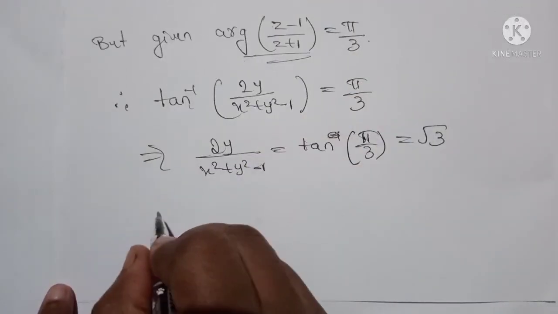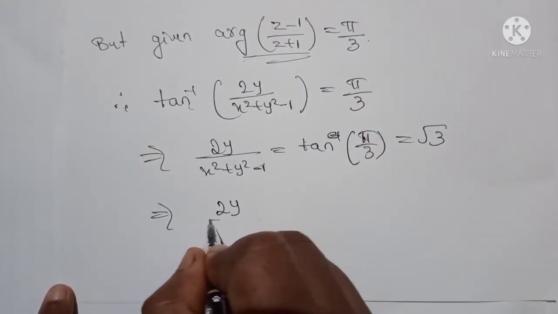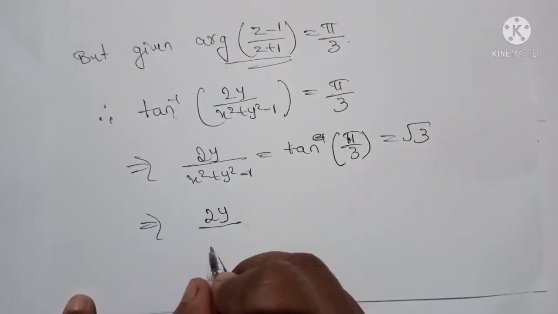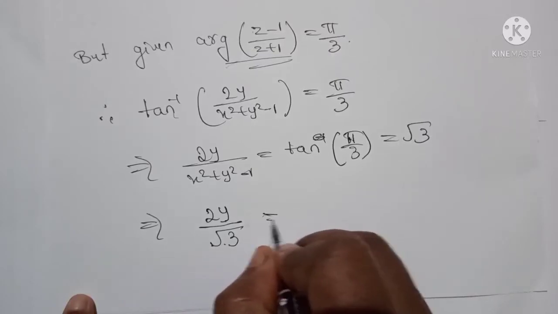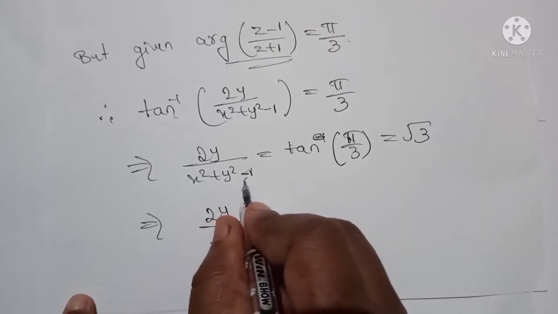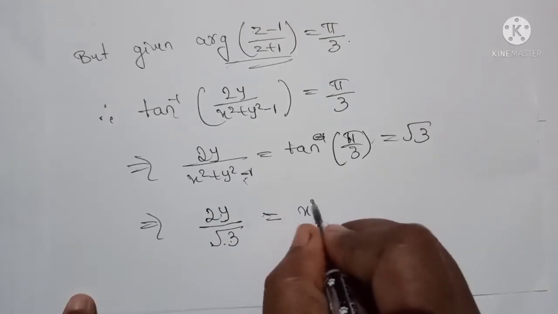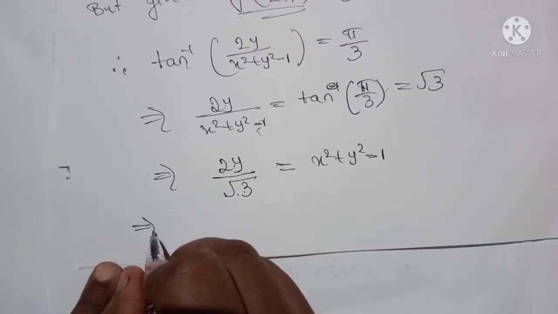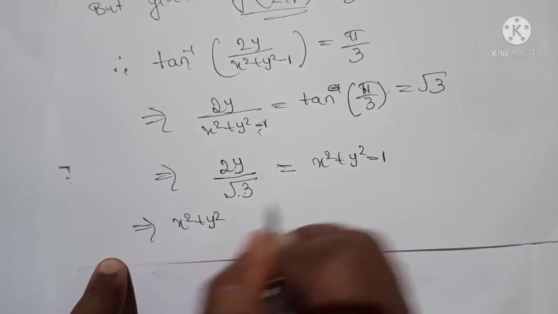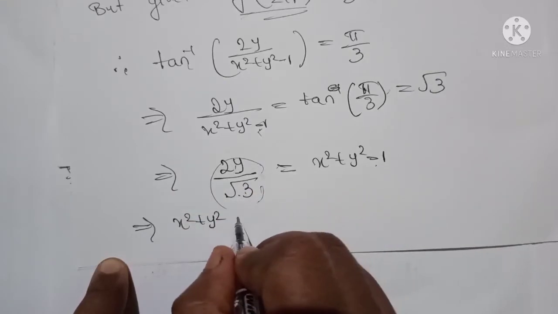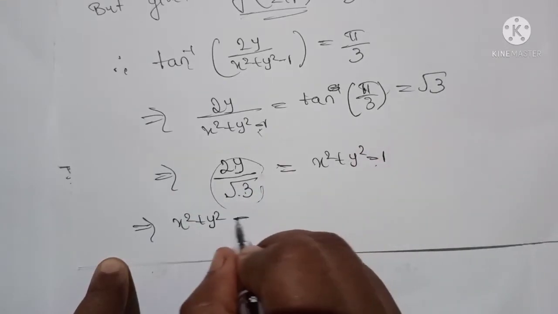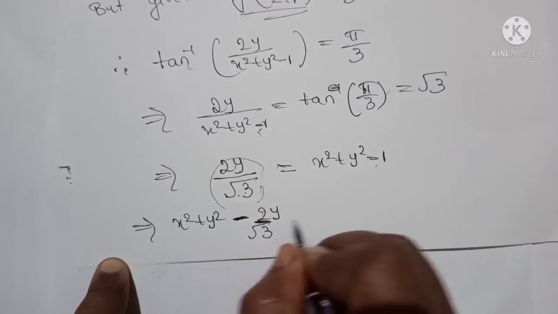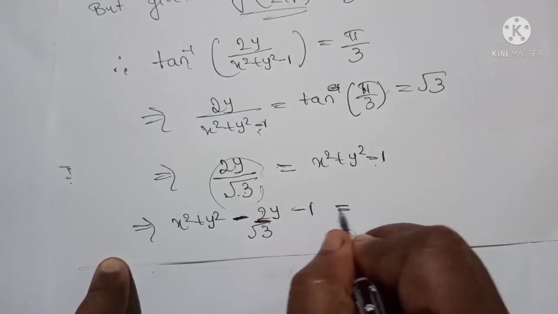Further simplifying, taking this root 3 to the denominator, we get 2y divided by root 3 equals x square plus y square minus 1. Taking this 2y by root 3 to the RHS side, we get x square plus y square minus 2 by root 3 into y minus 1 equals 0.